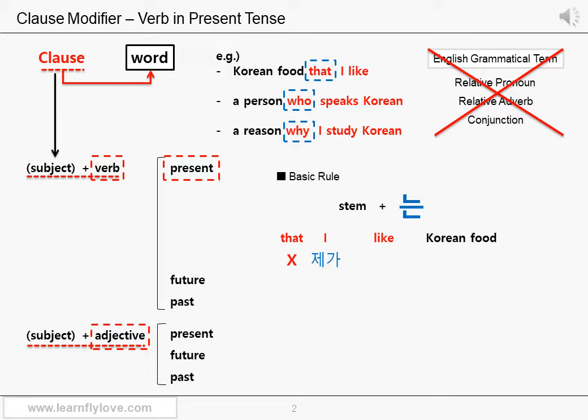As we've just said, find the stem and add 는 sound. The basic form of the verb like is 좋아하다, as you know very well. And the stem of it is 좋아하, right? So just add 는 sound at the end of it.